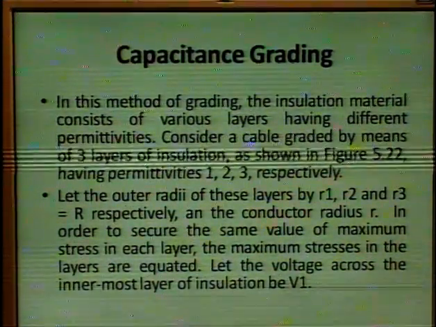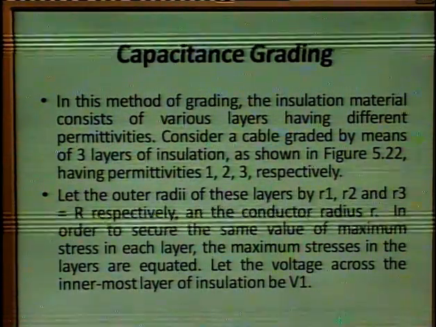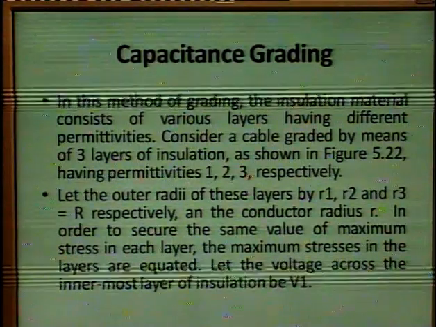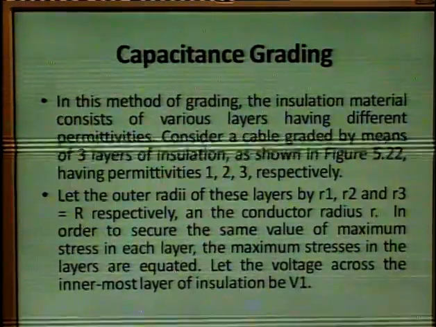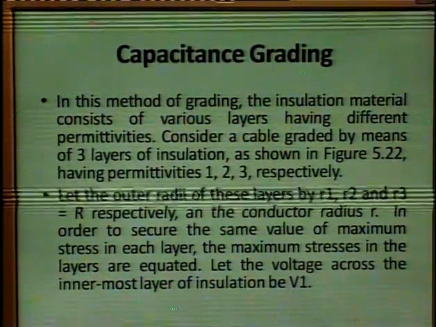In order to secure the same value of the maximum stress in each layer, the maximum stresses in the layers are equated. Let the voltage across the innermost layer of insulation be V1.